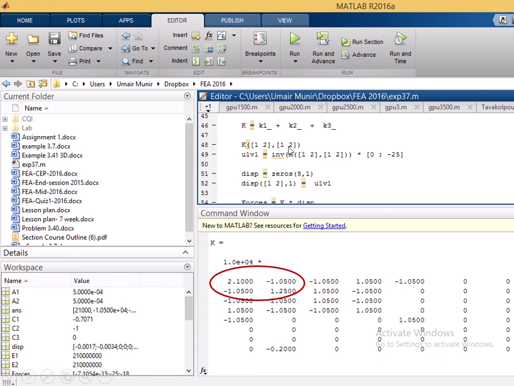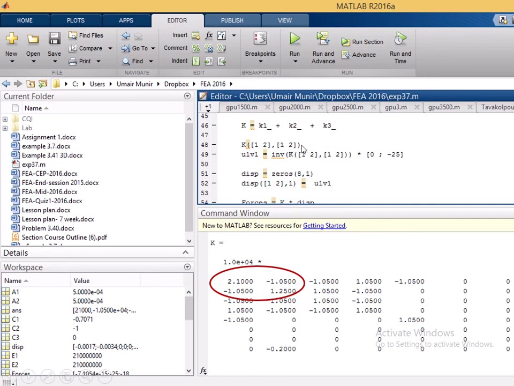This expression means that we are calling the first two columns and first two rows. That means these circled elements.